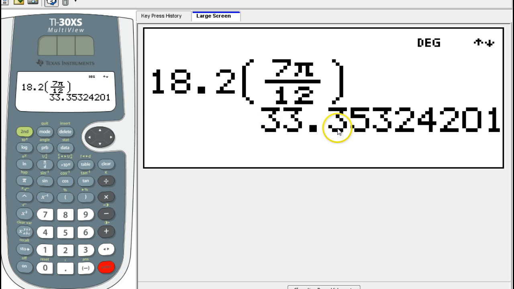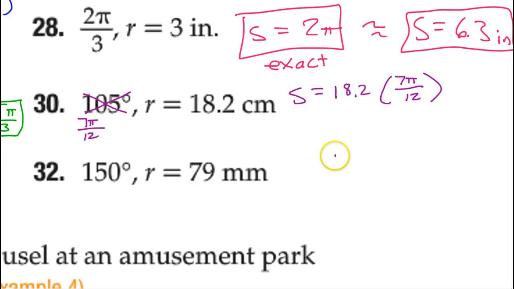Okay, so that's 33.4. Got to round up. Alright, so that would be the answer to number 30.